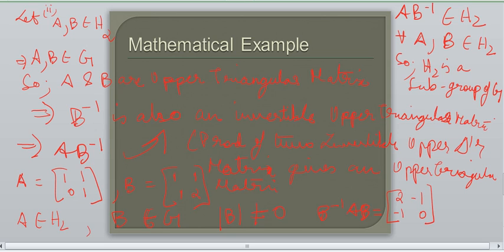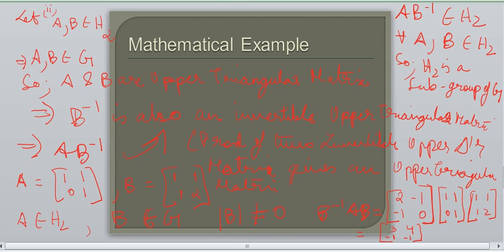When you find B inverse, you will get this answer. Try it. And then A is given to us already, 1 1 0 1, into the B matrix, 1 1 and 1 2. So when you multiply, the answer will come as 3 4, minus 1 minus 1.